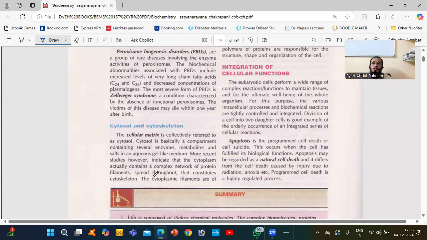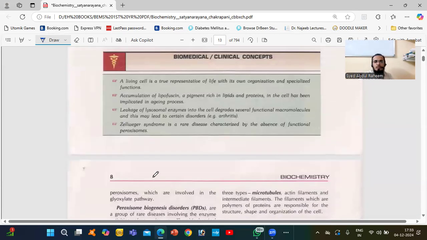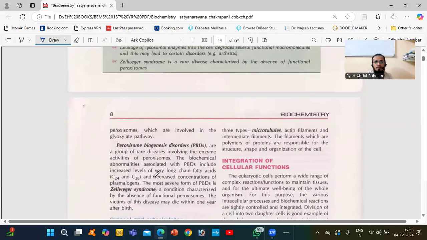It is a network where the nucleus and DNA are situated. So it gives the structure of the cell. Here you can see the structure, shape, and organization of a cell.